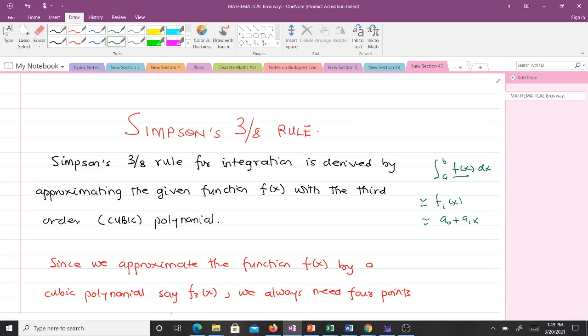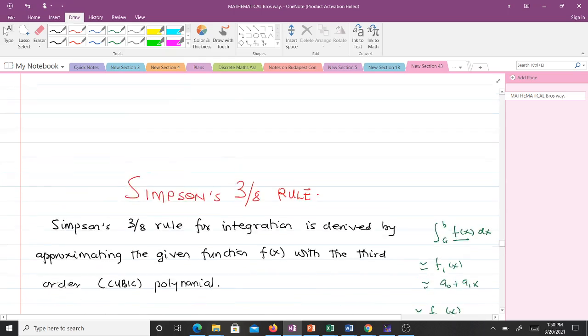Okay. And we said that with the Simpson's 1/3 rule, we approximate the integrand f of x with a second order polynomial, that is f2 of x. And with that one, we need 3 points, a0 plus a1x plus a2x squared. So as a result of that, our least n has to be 2, because 2 segments will give us 3 points.